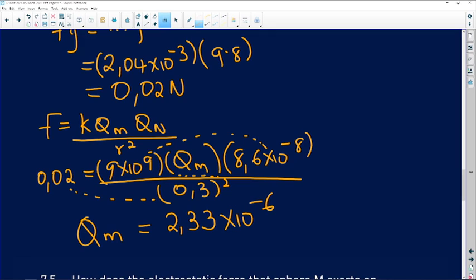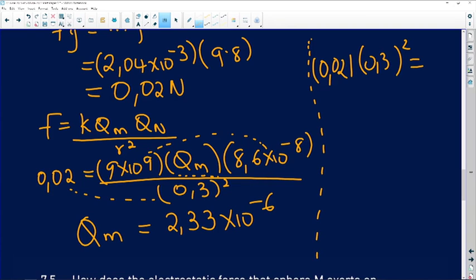So what I have done here is I have taken 0,02 and multiplied this with 0,3 squared. What am I going to get? We can try that.